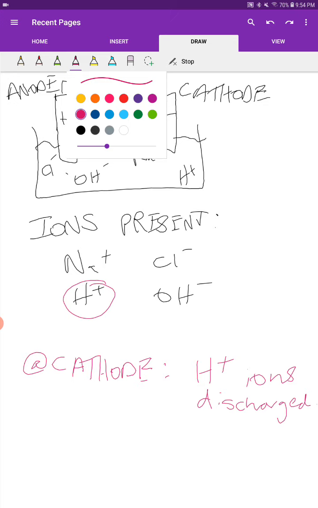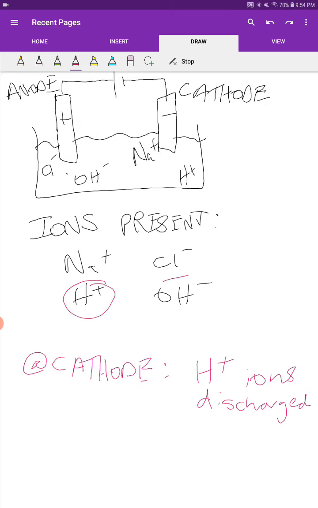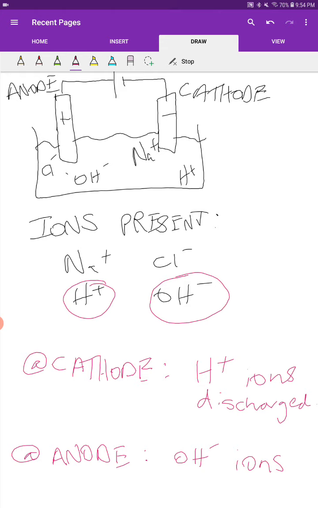So at your anode, OH minus ions are discharged.